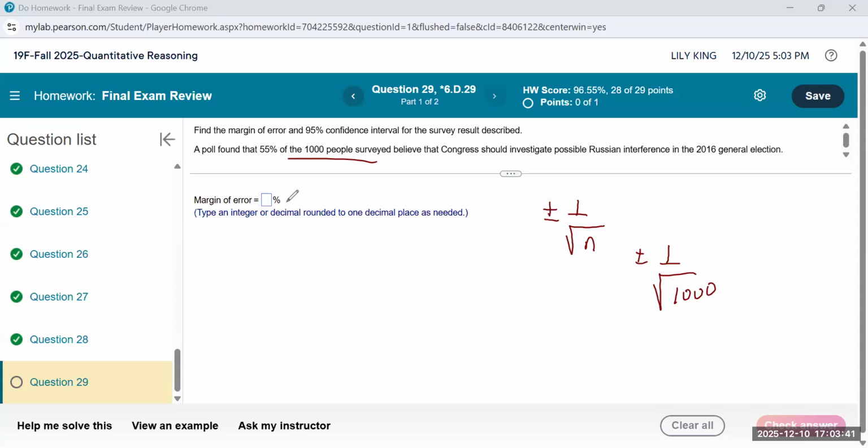And since we have a percentage, we have to convert this decimal to a percent by multiplying by 100. So you type 1 divided by square root of 1,000 and then times that by 100, and leaving that to one decimal place is 3.2%.